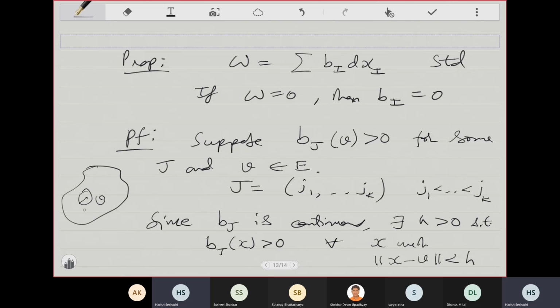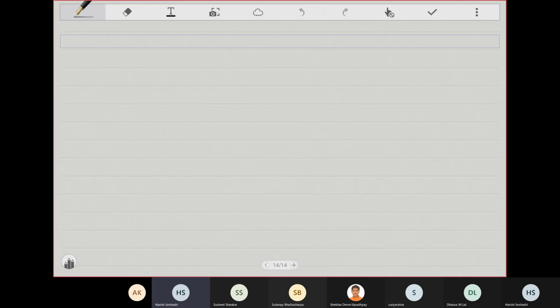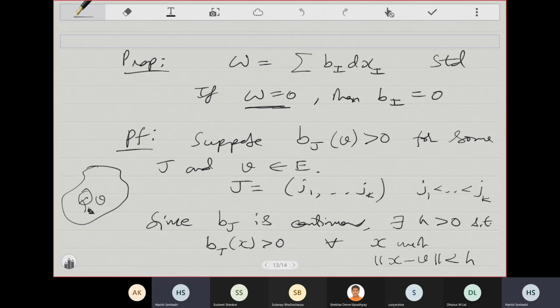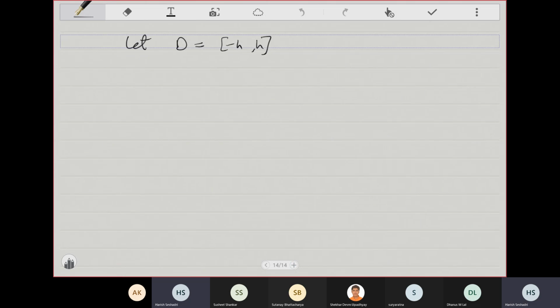So remember the goal. I've not used the hypothesis yet. The hypothesis is that omega is equal to 0. So I'm going to construct a special K surface using this particular Bj, which will not be 0, which will contradict omega being equal to 0.